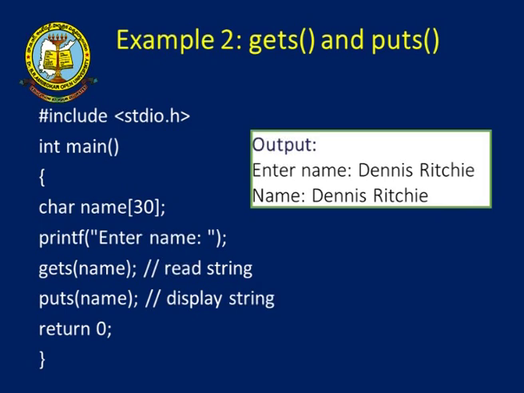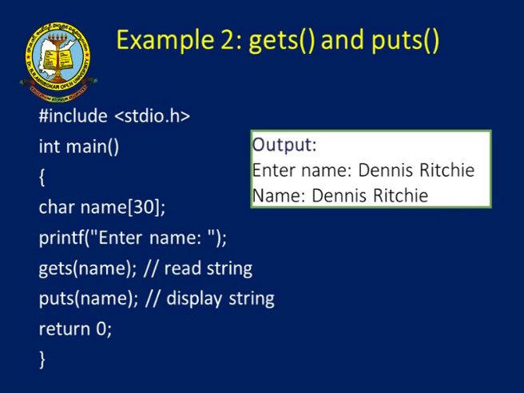In the main function, I declare a string with the name name, with size 30, and when you run this program, the program prompts the user to enter the name. You are going to enter some name and we are storing that name in the variable name. But here a very important point is, we are not using scanf here. We are using gets, that is a predefined function. gets means getting the strings.